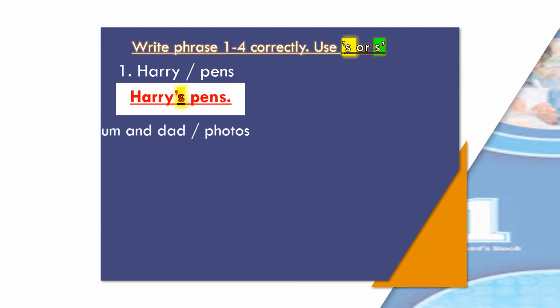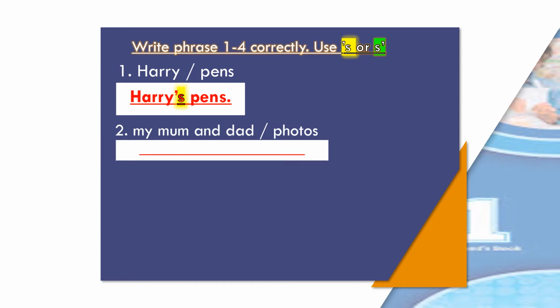For number 2, my mom and dad, slash photos. Mom and dad, how many people? Is it one? Is it more than one? Then write your answer here. Number 3, the teachers, slash names. Teachers, is it one or many? Then write your answer here.